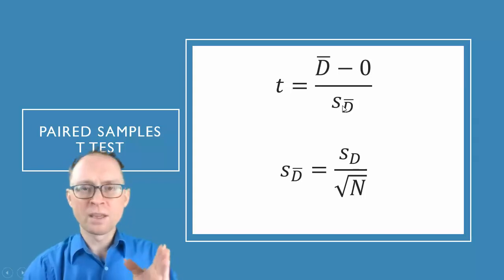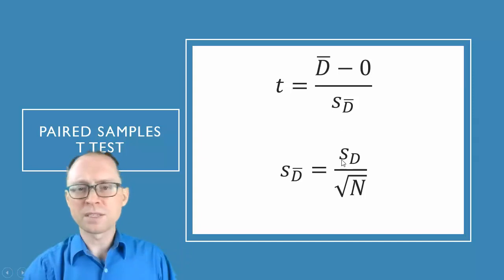Now, just like the standard deviations we talked about last time with z-test and single sample t-test, it's not a straight standard deviation of d bar. It's the standard deviation of the differences divided by the square root of n. So the standard deviation of differences, that's s sub d, that's what that means, and then divided by the square root of n. That gives us the standard deviation of the mean differences, or d bar, standard deviation of d bar. All right?